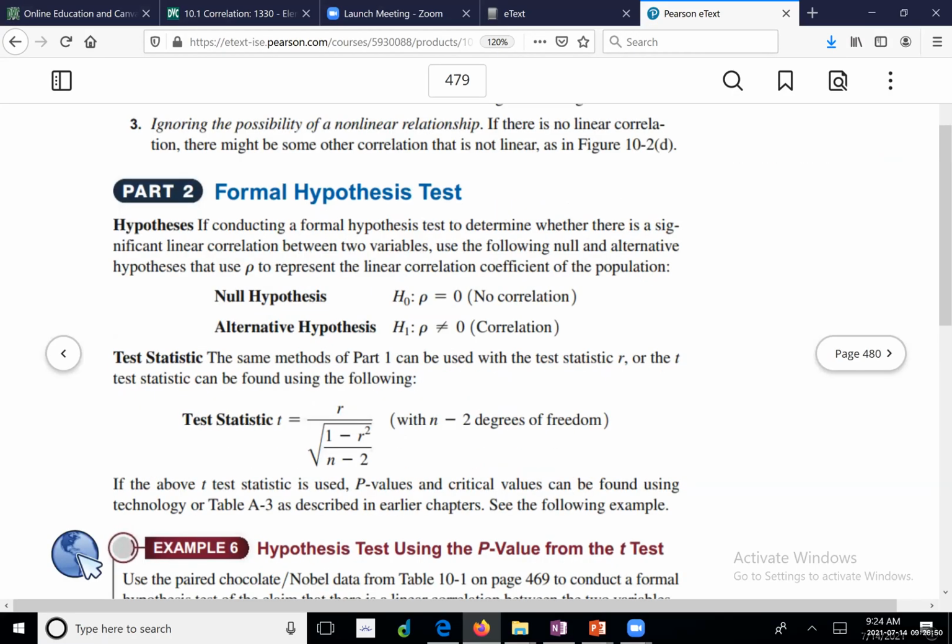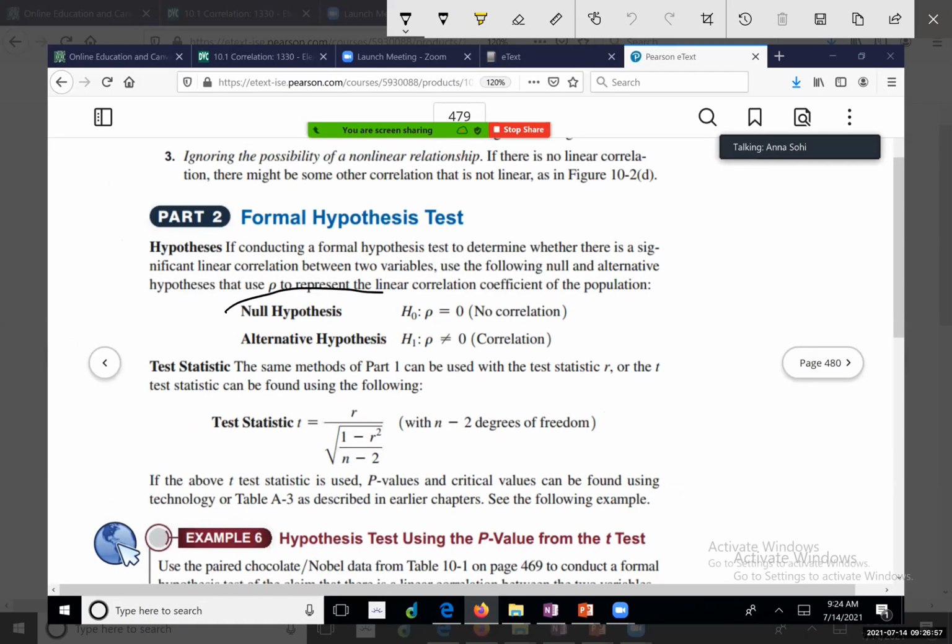Formal hypothesis testing, we're going to do that right now. Null hypothesis is always equality, equal to 0. That means there is no correlation, because when r is 0, and for the population when rho is 0, it means there is no correlation. Not equal to 0 means there is a correlation. If this was greater than 0, it means positive correlation.